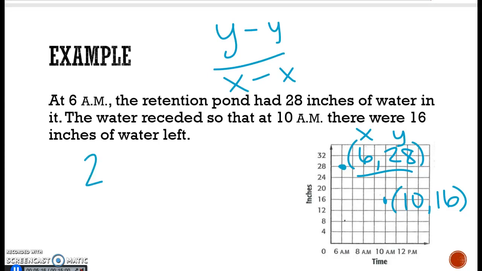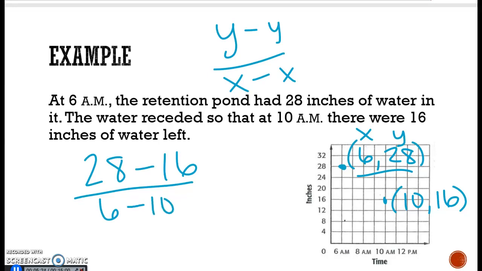So I am going to do 28 minus 16 over 6 minus 10. 28 minus 16 gives me an answer of 12, and 6 minus 10 gives me an answer of negative 4.